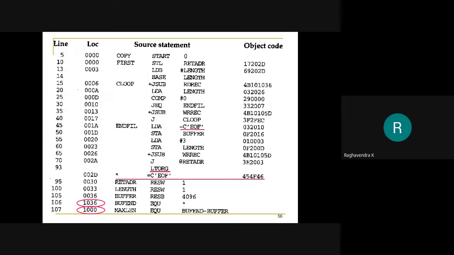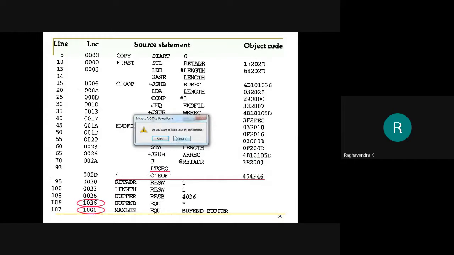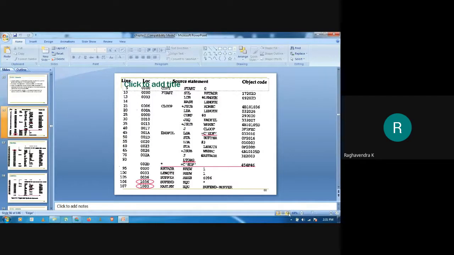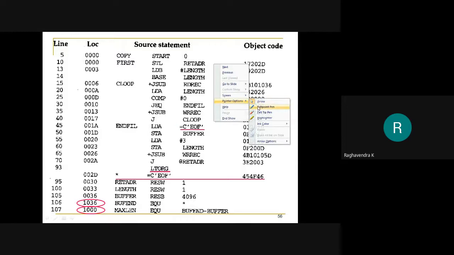So let us check here, see what has happened. Can you check out where the literals are? All you need to do is check for the equal to symbol. Of course this is hash, this is hash.